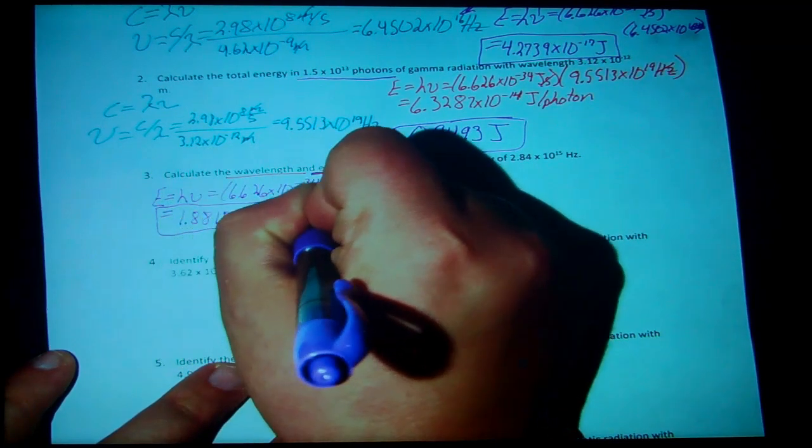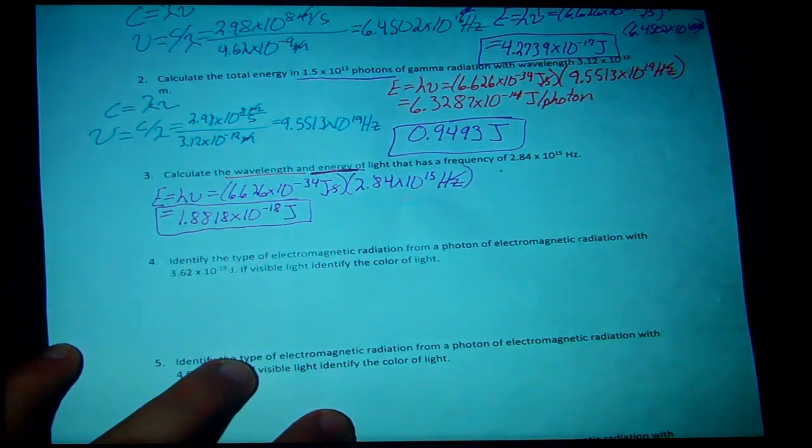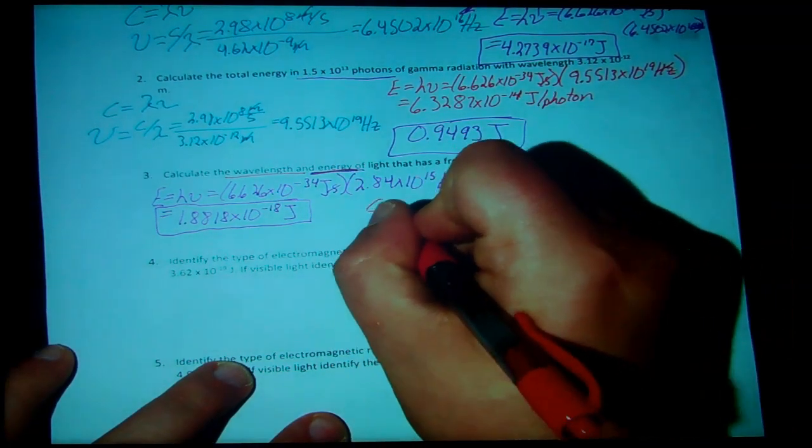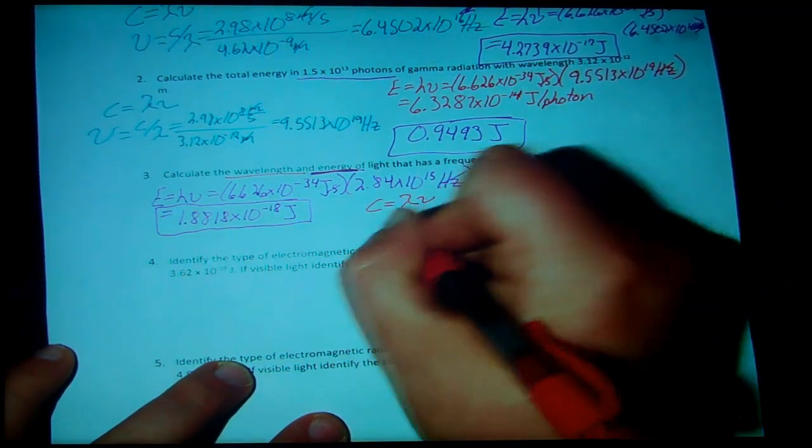So there's one answer, and then the second answer, we're trying to find wavelength. In that case, speed of light equals wavelength times frequency.